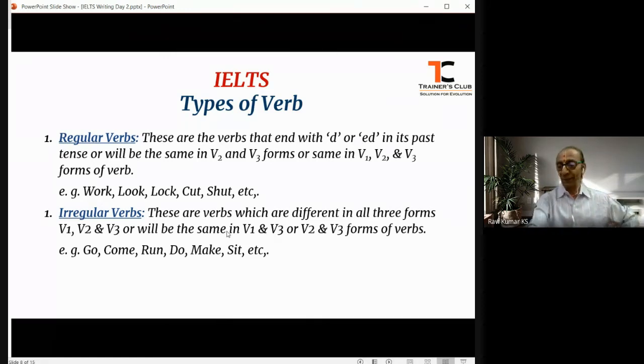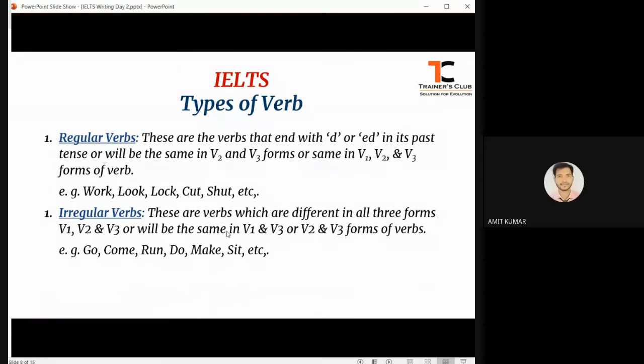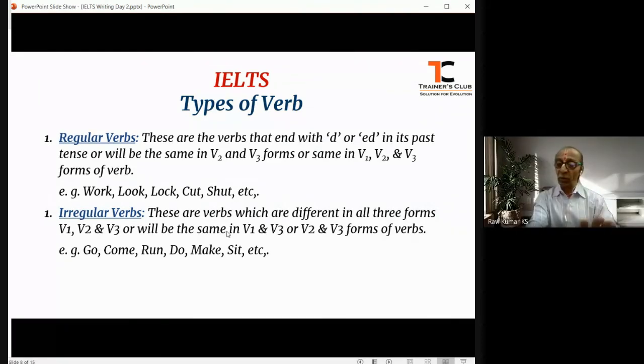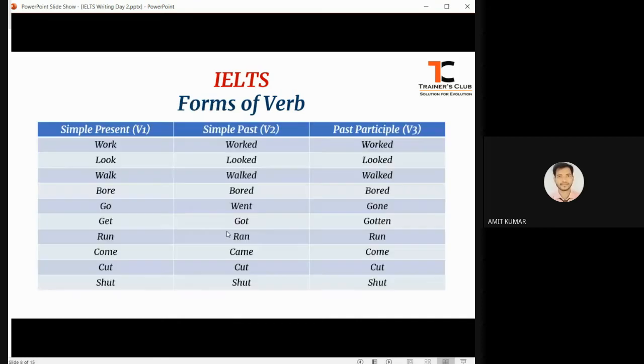Is that clear? Any doubts in this particular thing? No, sir. Please be open to learn about verb. I am telling you.